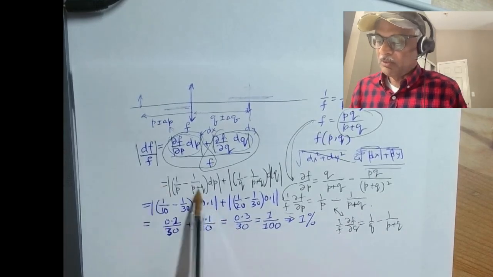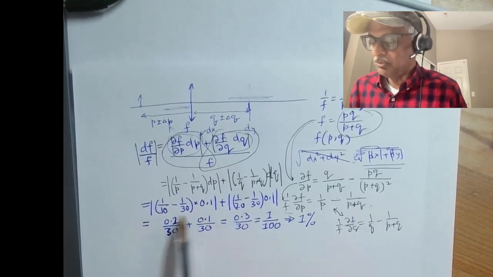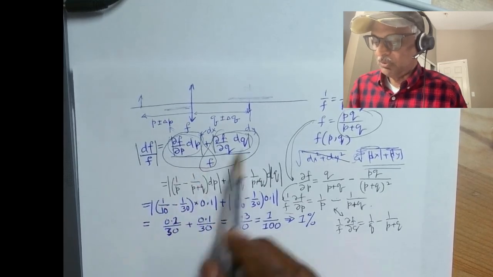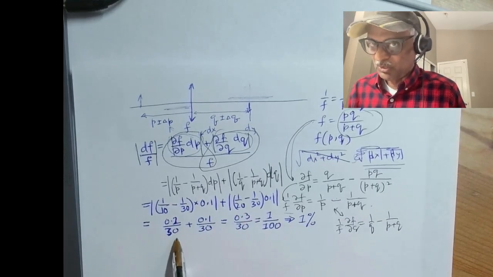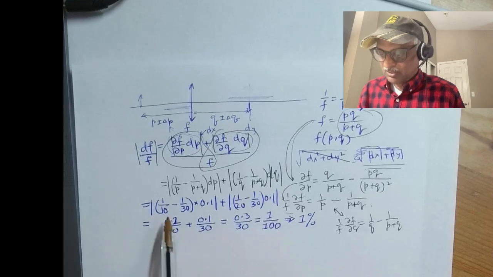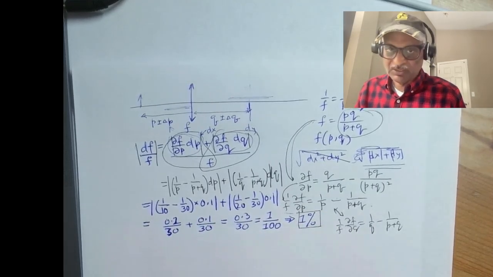Now I put it there and plug in numbers. Be careful when you're plugging in these numbers, because even if you work out all that, you can still mess up here. The test situation is tense, so you've got to be relaxed, and you get a very nice answer, 1%.